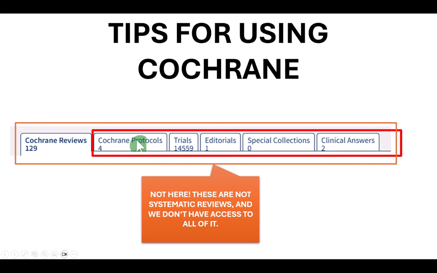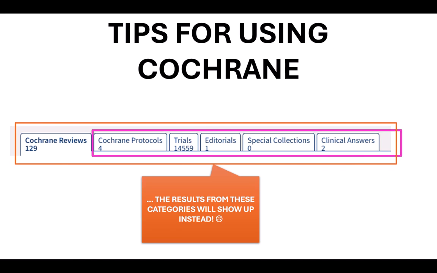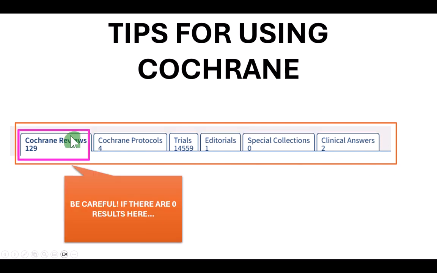These are not systematic reviews, and we don't have access to all of it. So make sure that you always look for this tab. Now, with that being said, if there are 0 results in this tab, what Cochrane Library is going to do is going to take you to these other tabs that have results. So this will show up instead if there is 0 in that first tab.